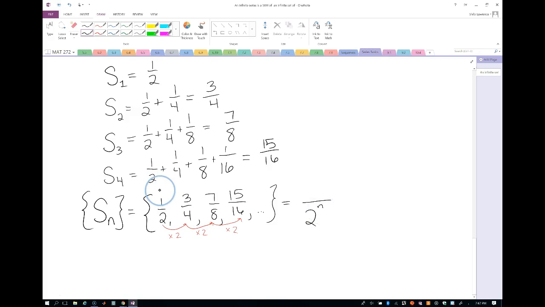Now, there isn't really a common difference or ratio between our numerator values. To get from 1 to 3, you've got 2 options. You can either add 2 or multiply by 3. To get from 3 to 7, you can either add 4 or just multiply by some obscure fraction. To go from 7 to 15, I'm adding 8. So there's not a common difference. There's not a common ratio.